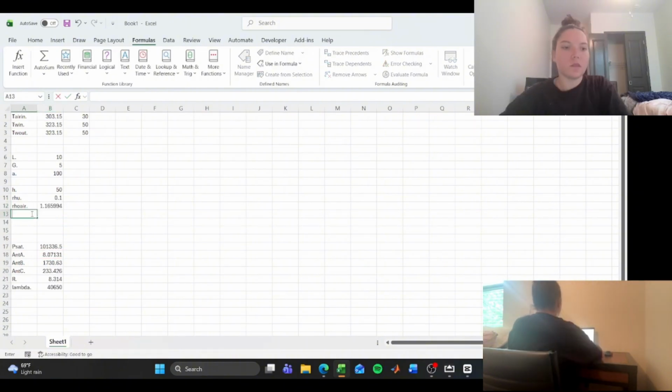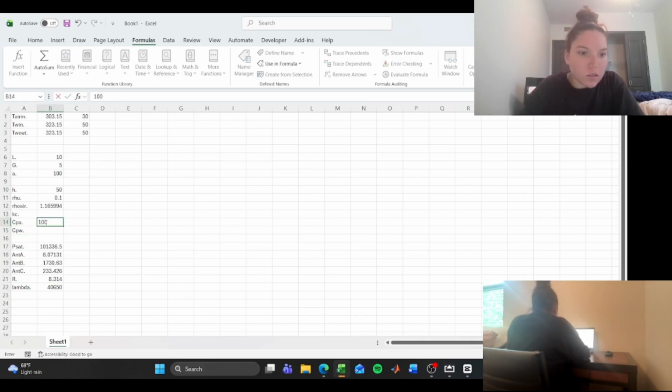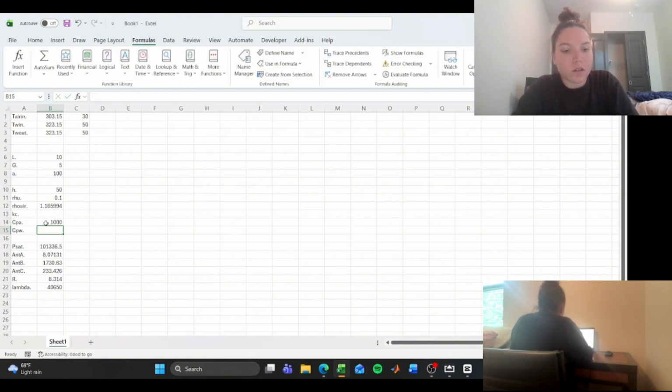Okay? We also need the mass transfer coefficient, the heat capacity of air, and the heat capacity of water. Heat capacity of air is going to be 1,000, and the heat capacity of water is going to be 4185.